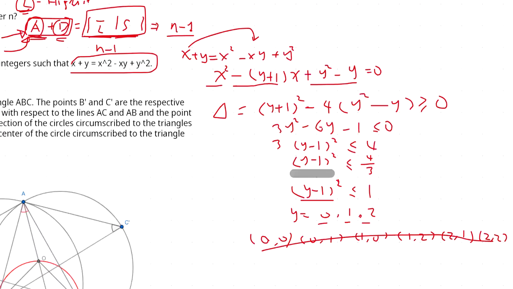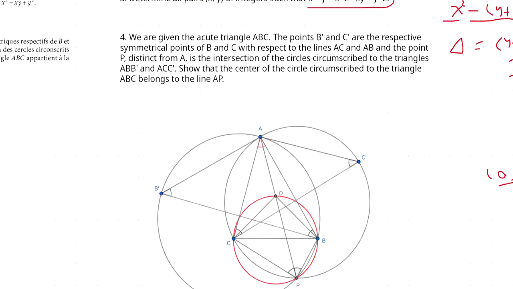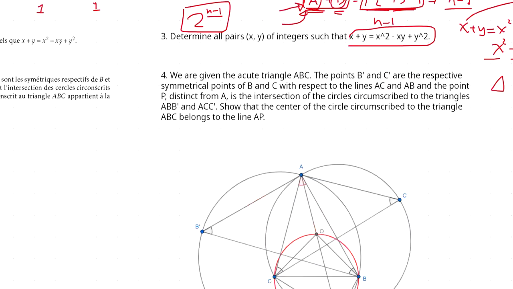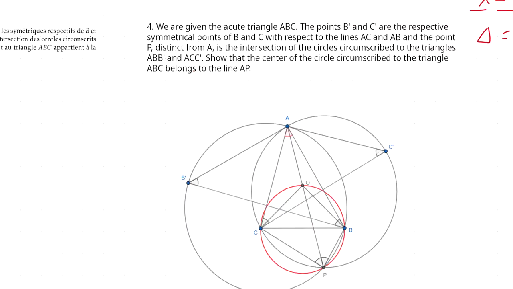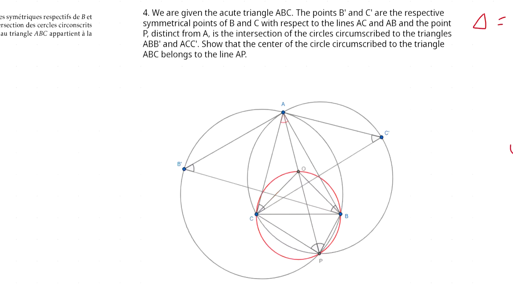Okay, last question. The last question is a geometric question. Let's see what the question states. We are given the acute triangle ABC, and B prime is the reflection point of B over the side AC, and C prime is the reflection point of C over the side AB.